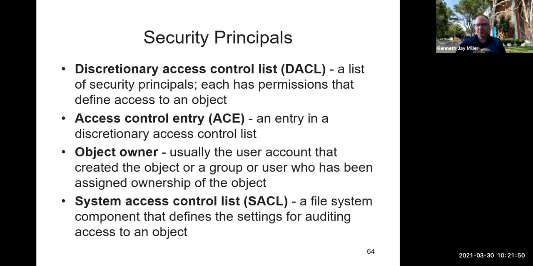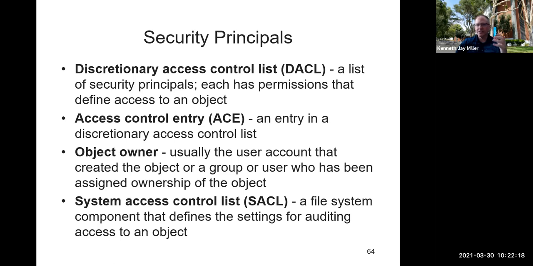All right. So the DACL is a list of security principals. Each has permissions that define access to an object. The ACE, which is the access control entry, is an entry in the discretionary access control list. And then the owner is normally the creator. So whoever created the object, like when we install Windows, the system is the owner.